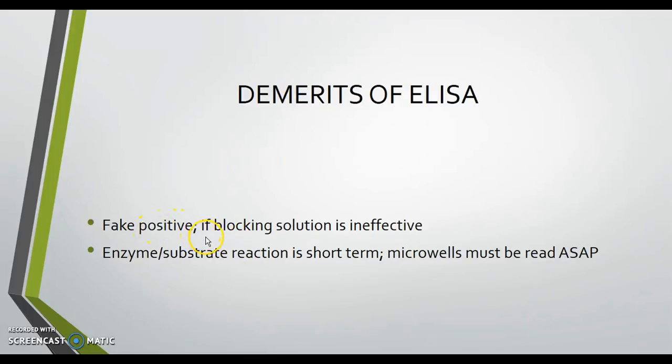Some of the disadvantages of ELISA: it can give a fake positive result. What is a fake positive result? A fake positive result is a result which is negative but is reported as positive. This can happen if the blocking solution, the bovine serum that is added to block the empty spaces, is not effective, so the secondary antibodies will be bound to the walls of the ELISA plate, and if the substrate is added, it will form a fake positive result.